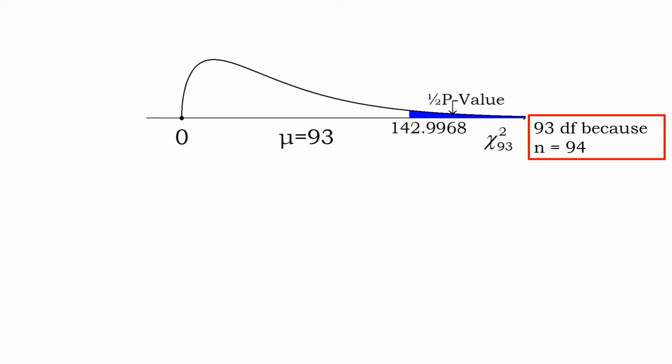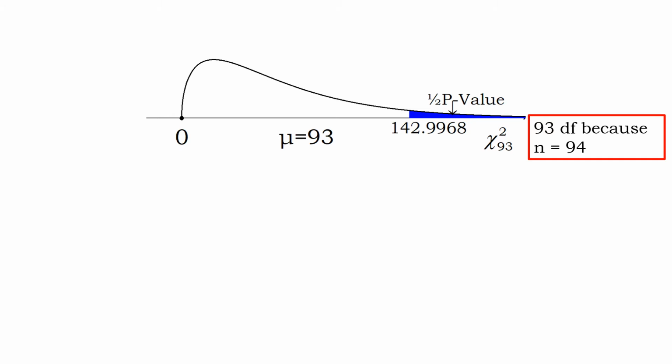So again, degrees of freedom is n minus 1. Our sample size was 94, so we have 93 degrees of freedom. A very critical thing to point out here: I have a chi-squared graph with 93 degrees of freedom, so the mean of this graph, not to be confused with the mean or average length of the sharks, has nothing to do with that.